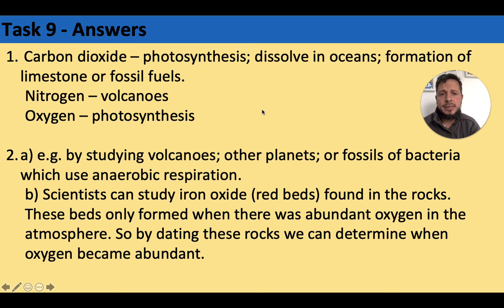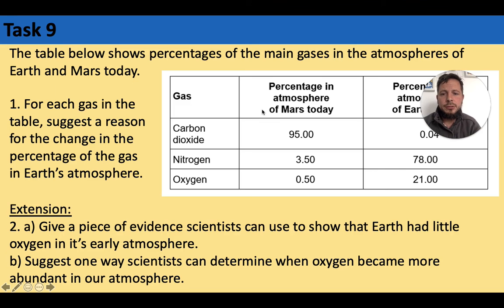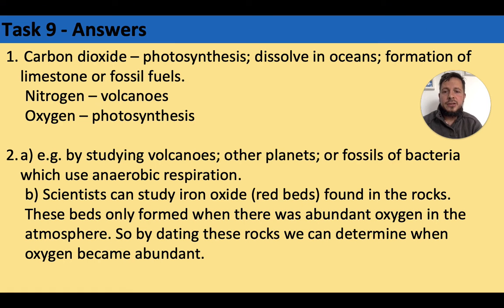So what can scientists study to give a piece of evidence to show that the atmosphere had little oxygen in its early atmosphere? We can study volcanoes, we can study other planets, or we can study fossils of bacteria which use anaerobic respiration. So anaerobic is basically using no oxygen.